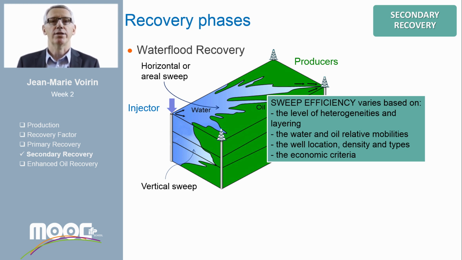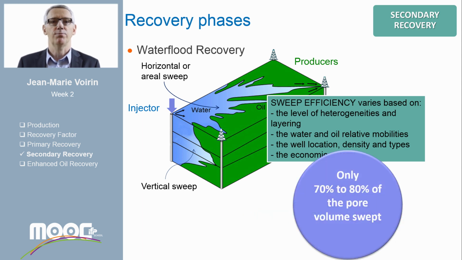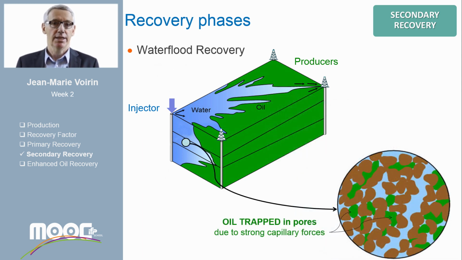The most accurate way to estimate sweep efficiency and assess the associated uncertainties is by using a numerical simulation model of the reservoir. Typically, 70 to 80% of the pore volume is effectively swept when combining all these elements. In addition, in areas effectively swept by water, there is still oil trapped in the pores due to strong capillary forces.